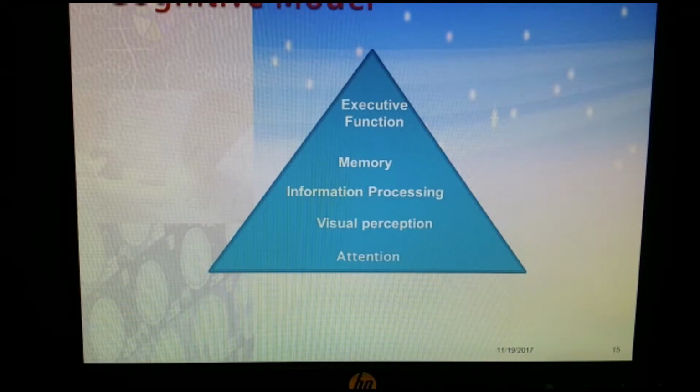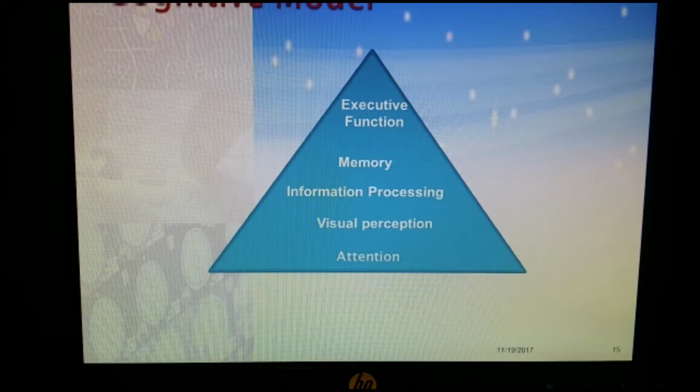So we build attention, then after that we go to visual and information processing, then we proceed to memory, and finally to the executive functions. In the previous models, the previous theory, the executive functions, as we know, were at the top of the pyramid, but that doesn't mean the executive function is not also involved in other aspects of the cognitive level.